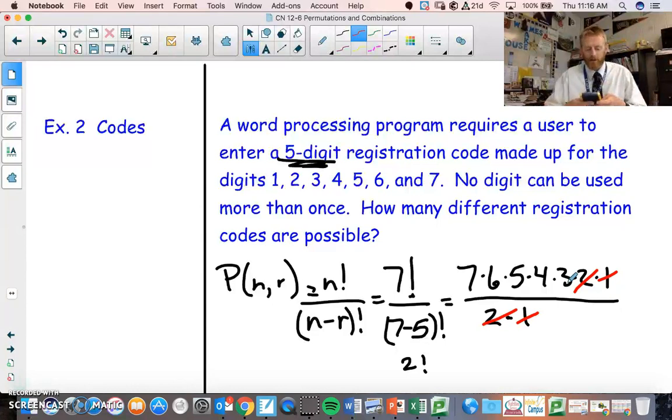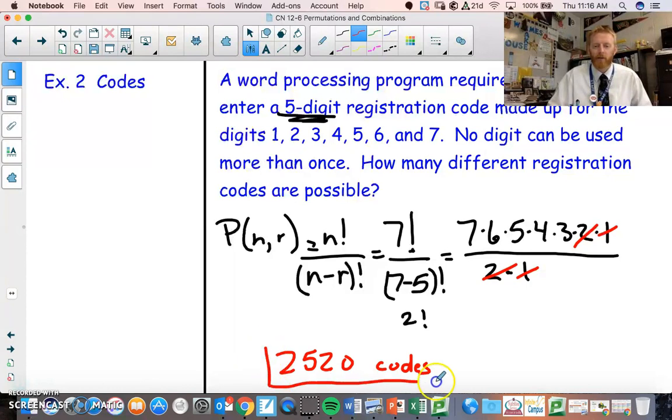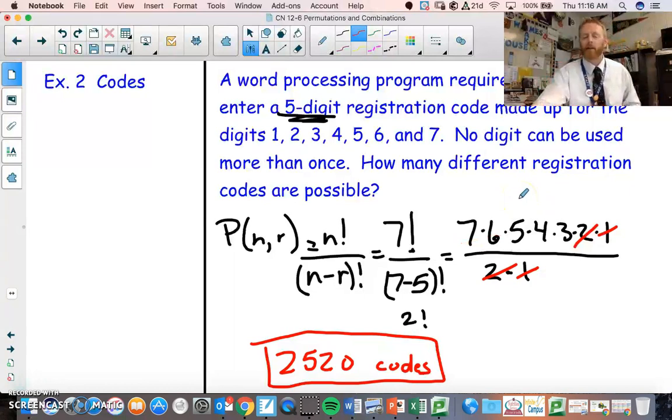So you take your trusty dusty calculator, 7 times 6 times 5 times 4 times 3, and you get the answer: the number of registration codes that are possible for this person is 2,520 codes. That would be from us just doing this math right here that I just accidentally crossed out.